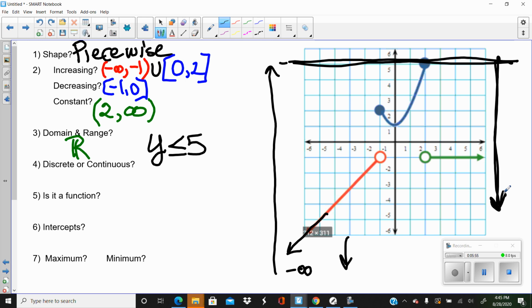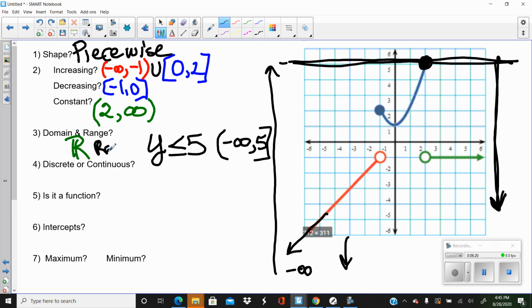Or if you want to use interval notation, like what we used up here for increasing, decreasing and constant intervals, we would write it like this. It starts at negative infinity and continues to 5. Infinity is always a parenthesis, and the 5, because it's a closed circle right up here, would be a bracket. So this is the range right here.